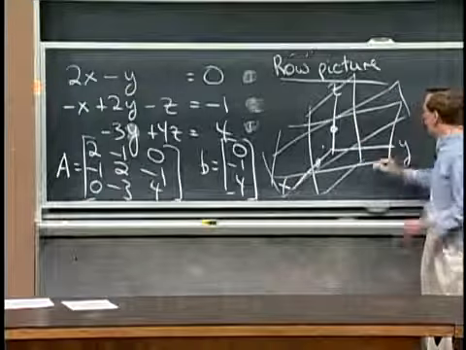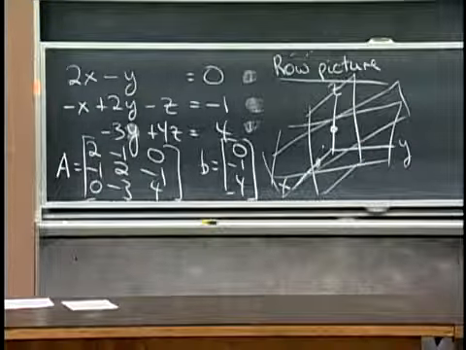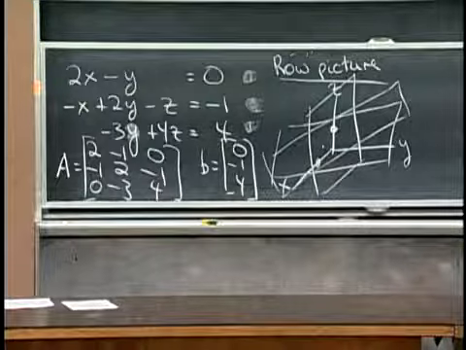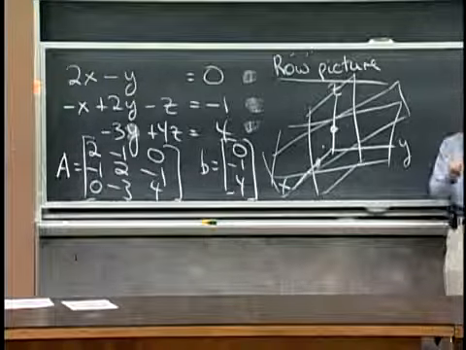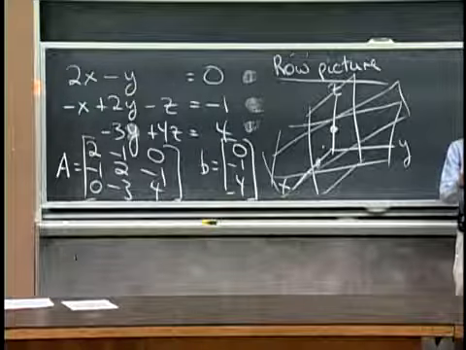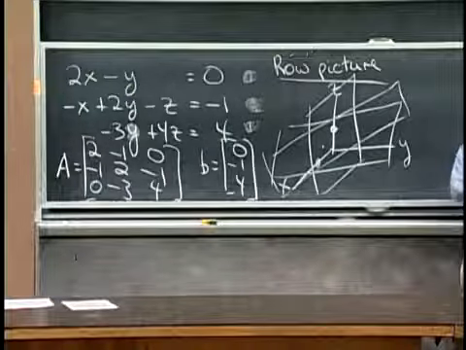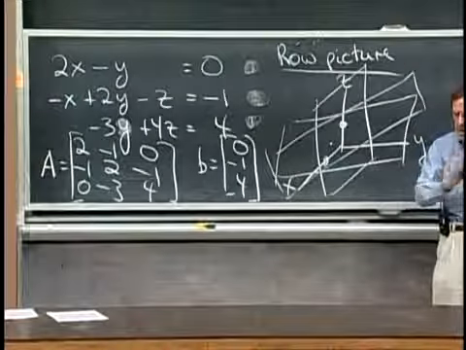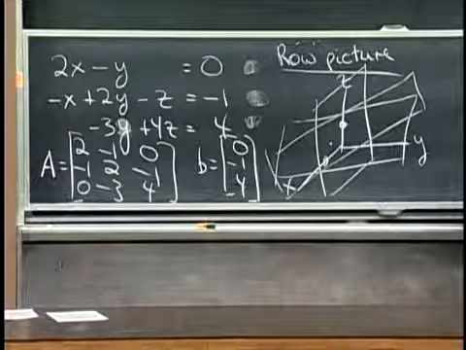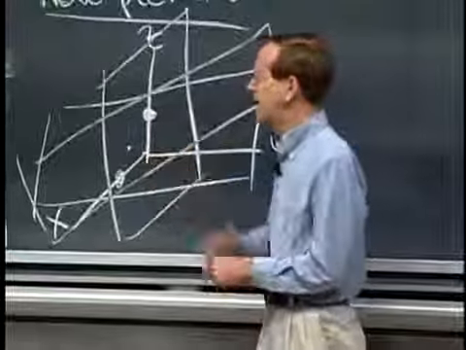Okay, those 3 things meet in a point. Now, I don't know where that point is, frankly, but linear algebra will find it. The main point is that the 3 planes, because they're not parallel, they're not special, do meet in one point, and that's the solution.